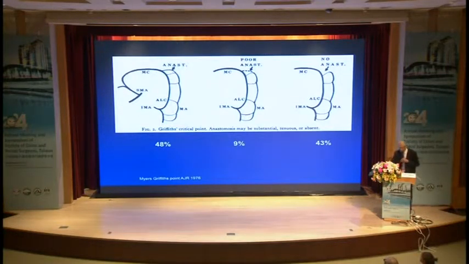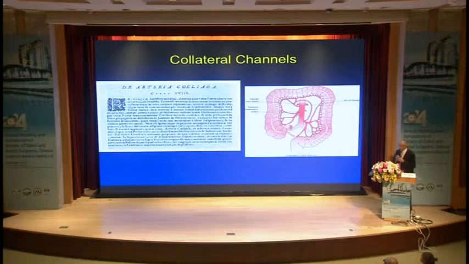Now, what are the consequences of that? If you have a problem with the inferior mesenteric artery, arteriosclerosis, previous surgery, you have another connection which is formed, and that is the connection that was described many, many years ago in France by Riolan. But what does it mean?